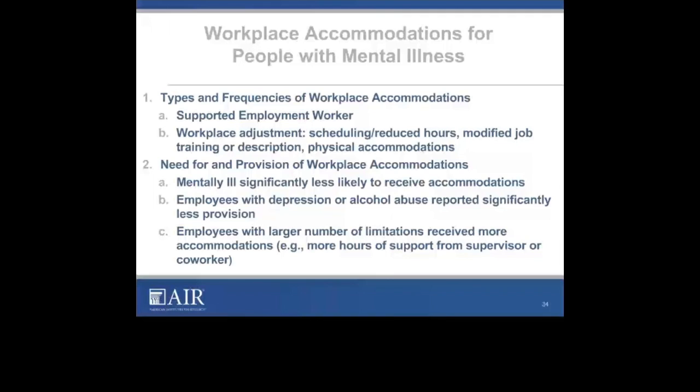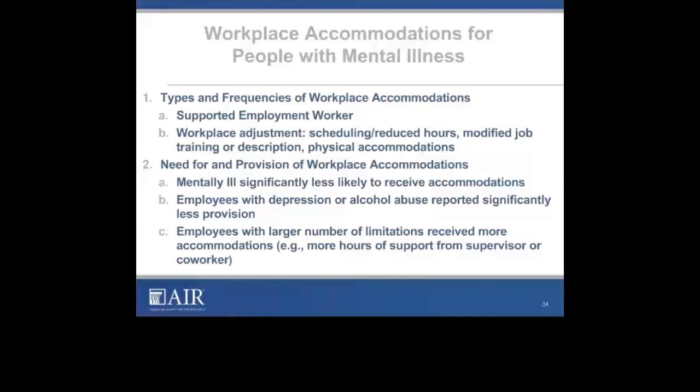They identified that supported employment workers were important for the types of accommodations that occurred. They were important during hiring, on-the-job support. They were facilitative of communication skills and so forth. Workplace adjustments were things like scheduling hours, job training or description, physical accommodations, and so forth.